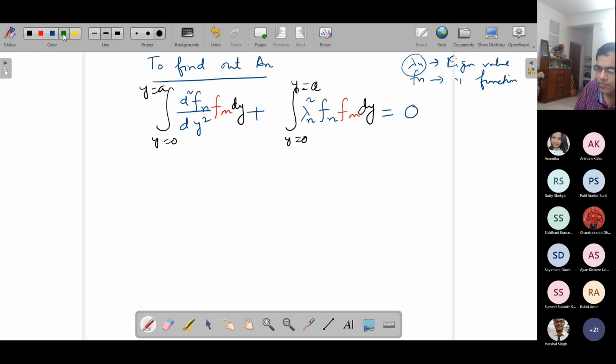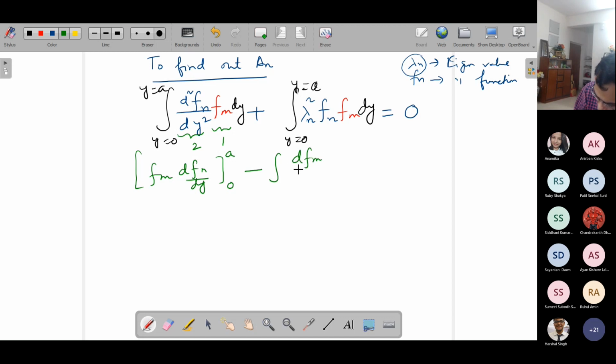The higher derivative will be integrated, so we consider this as the second function and this as the first function. So first function into integral of the second, minus integral of derivative of first into integral of the second.